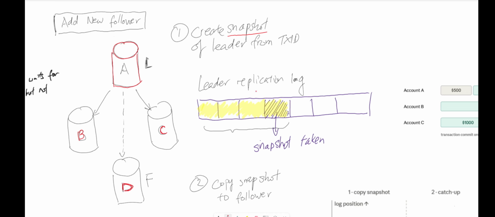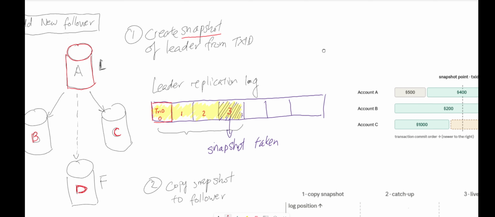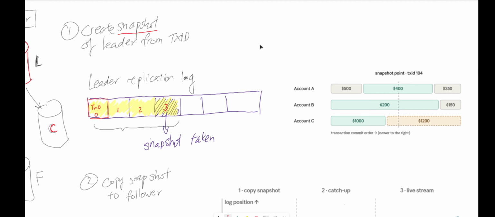The leader maintains a replication log. Each segment of the replication log has a TXID. Let's say this is TXID 0, this is TXID 1, this is TXID 2, and this is TXID 3. We want to take a snapshot. Well, what is a snapshot? A snapshot is what the database looked like at any given point in time.